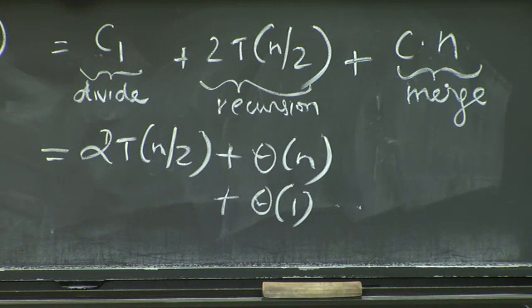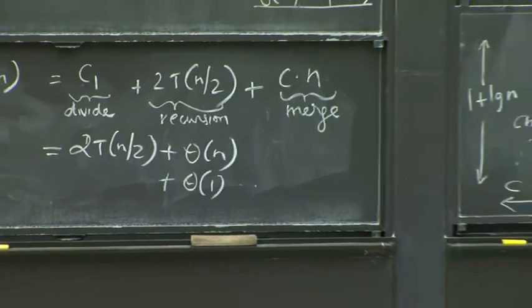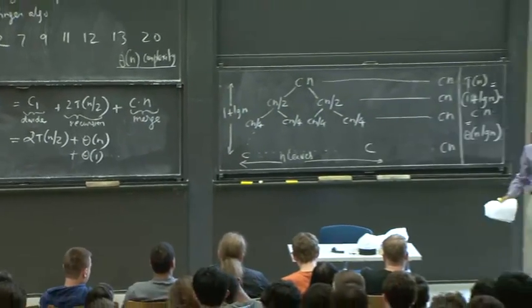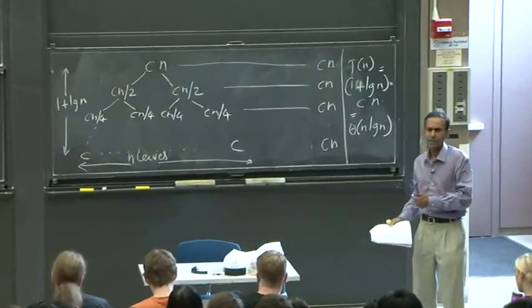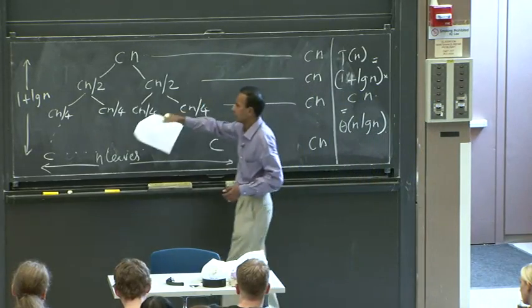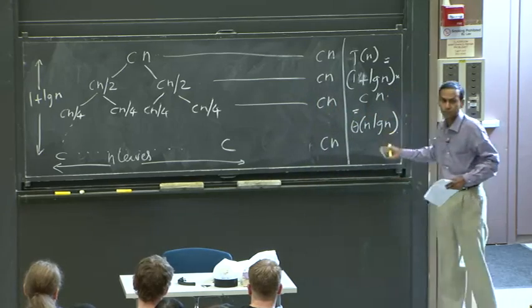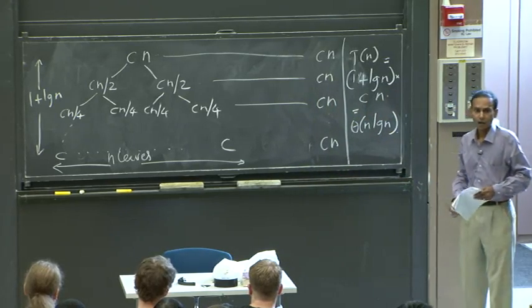It's just a constant multiplicative factor in front of the function that you have. And it's just a little easier, I think, to write down these constant factors and realize that the amount of work done is the same in each of the levels. And once you know the dimensions of this tree in terms of levels and in terms of the number of leaves, you get your result.